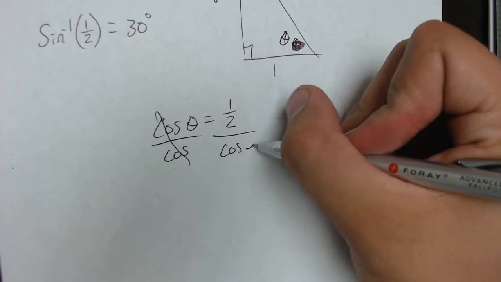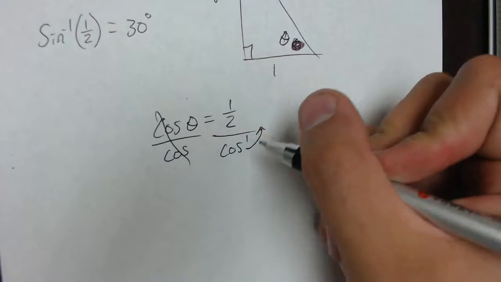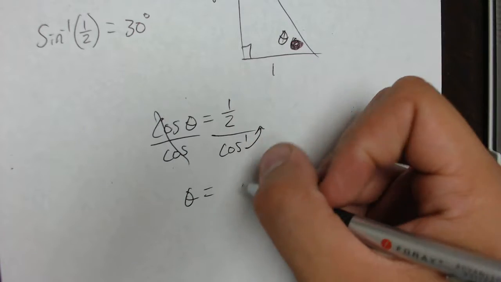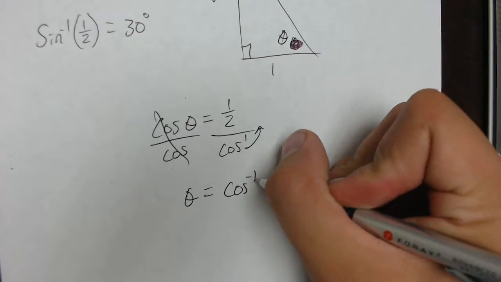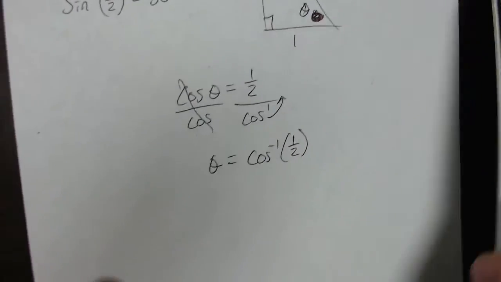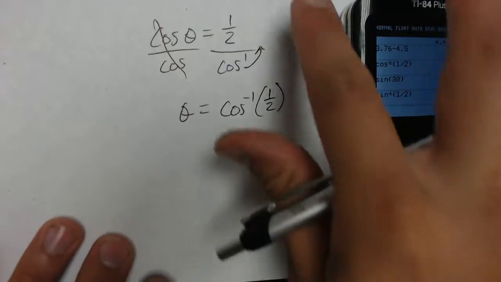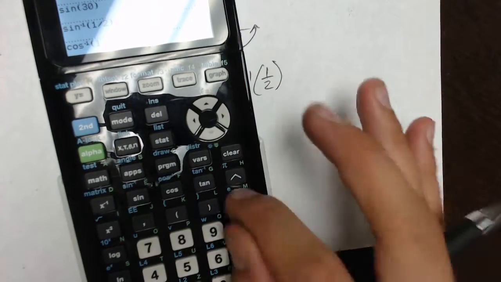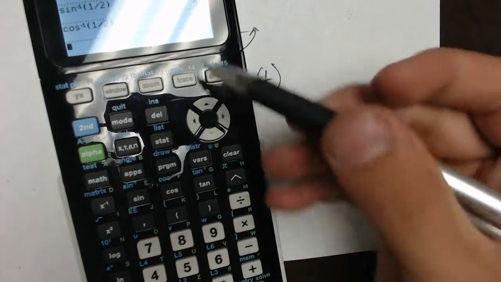And then from here, we would want to move cosine to the top, cosine having a positive exponent of 1. When we move it to the top, it then gains a negative exponent, so it would be cosine -1 of 1/2, right? And then if I type that into my calculator, I should get the theta, which is 60 degrees, right? So if I hit second, cosine -1, 1 divided by 2, I get 60.